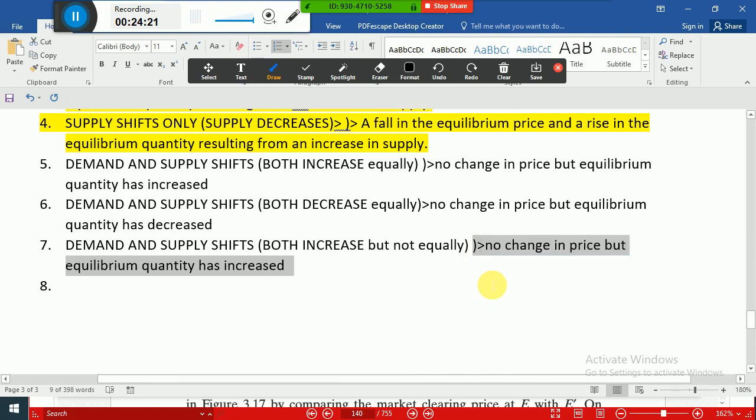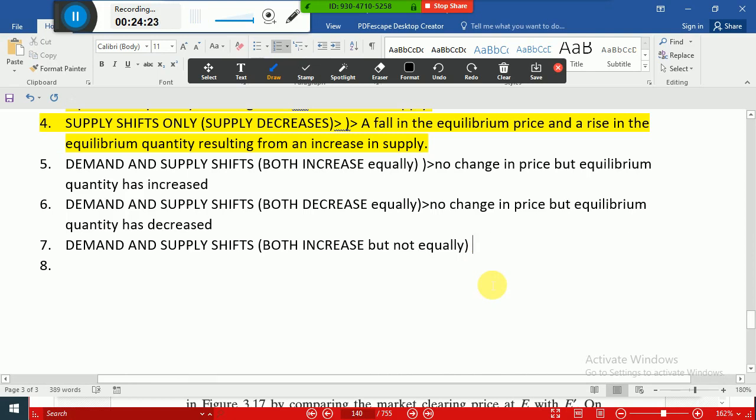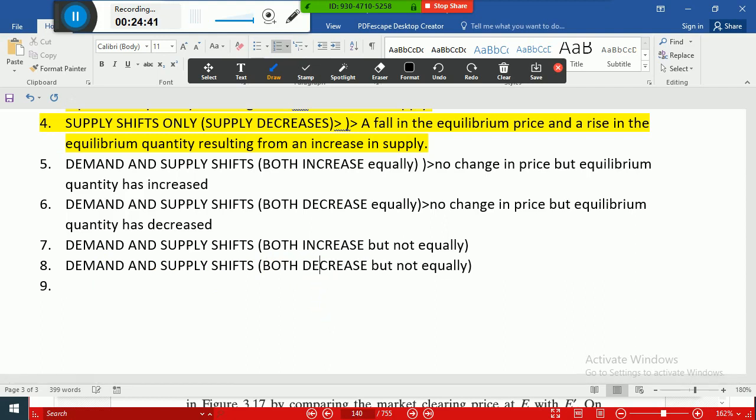It depends on whether the increase in demand is more or the increase in supply is more. Similarly, we can consider another case where both demand and supply decrease but not equally. What will be the impact on equilibrium price and equilibrium quantity? It depends. We may analyze this graphically.